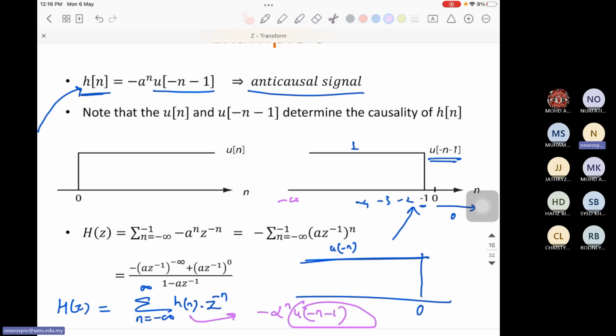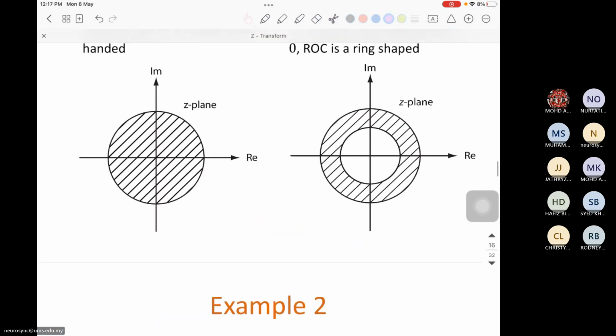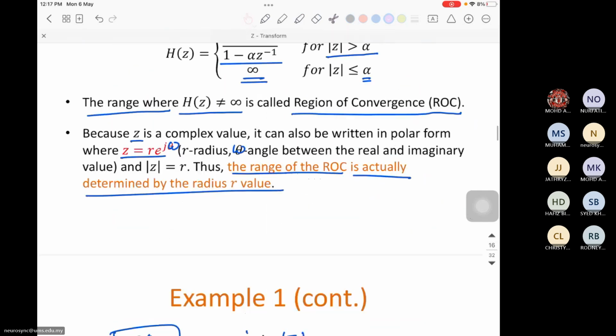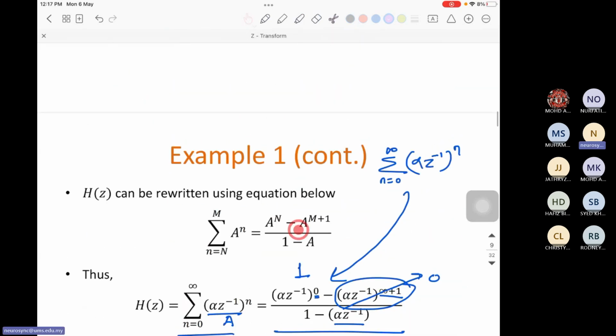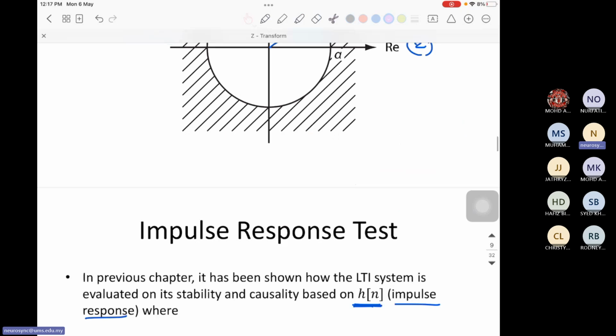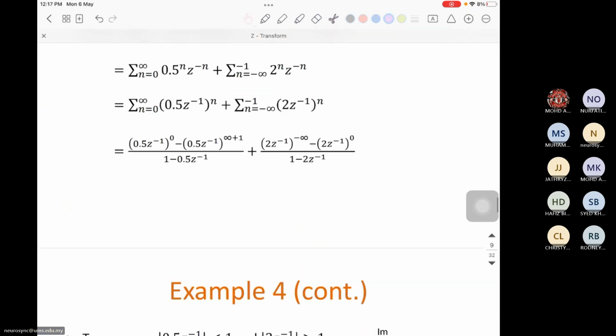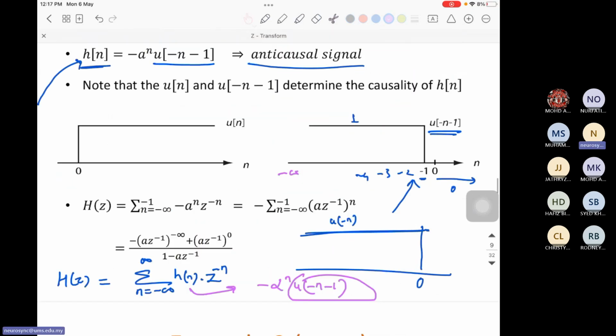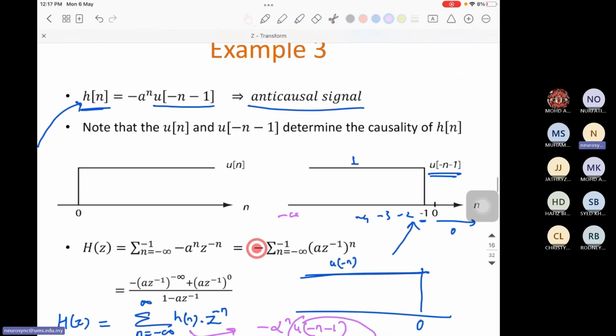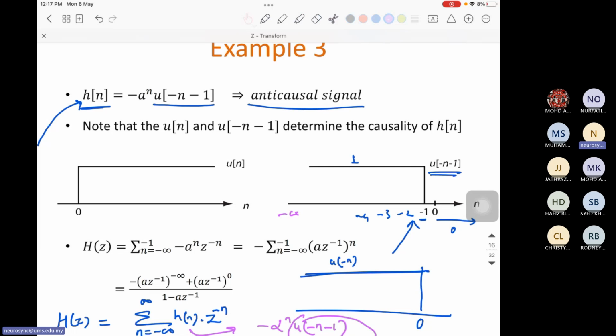If we apply this formula and put in the values, the minus sign is outside, so this minus and this minus give plus.